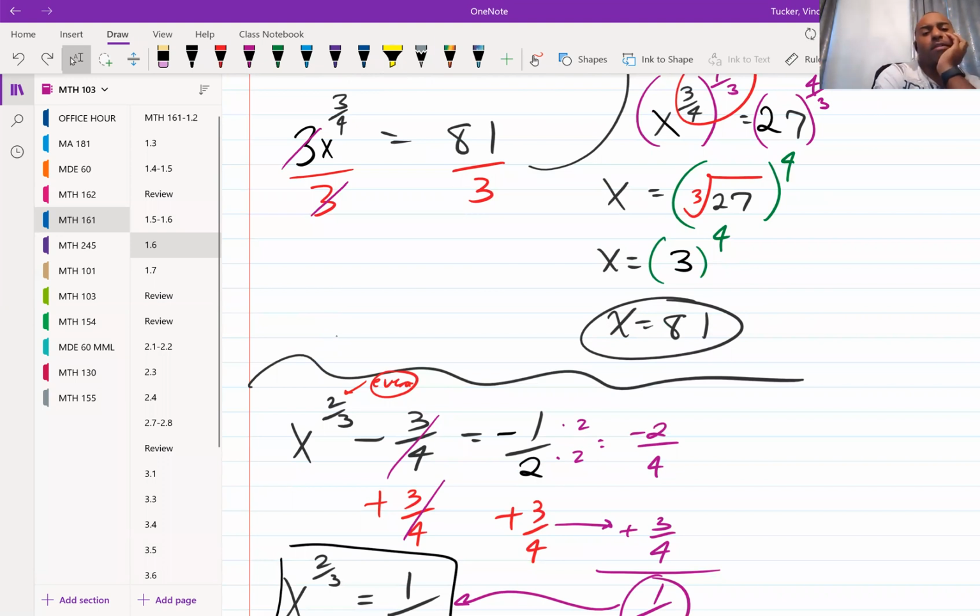So here we have x to the 2/3 power minus 3/4 equal to -1/2.